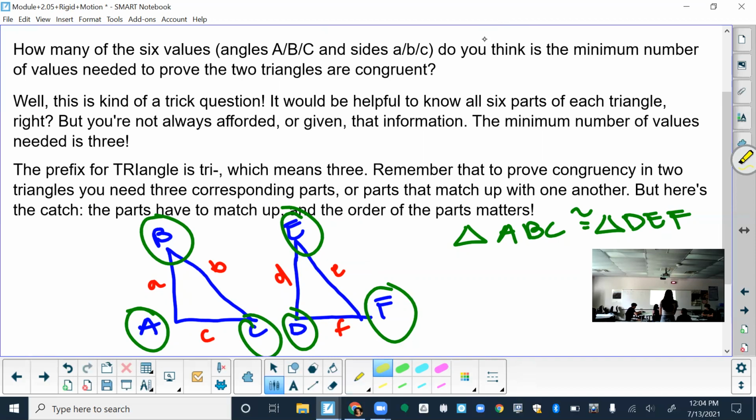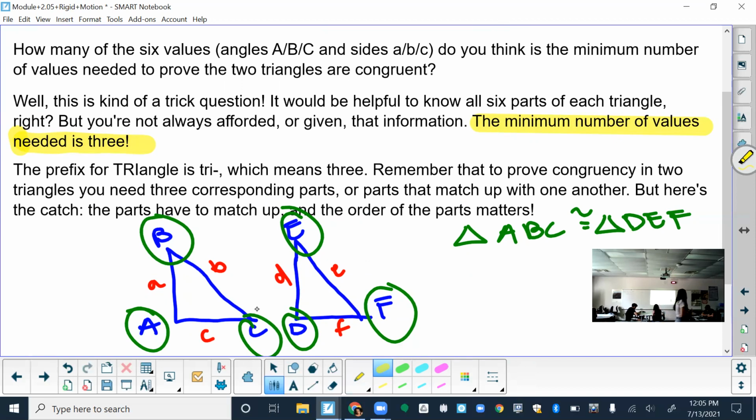So do you think there is a minimum number of values needed to prove the two triangles are congruent? The answer to that is that you need at least 3 values to be congruent to prove that they are indeed congruent. So I could give maybe 3 angle measurements and 3 angle measurements here to prove that they're congruent.